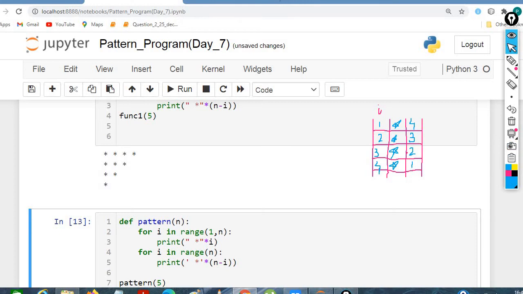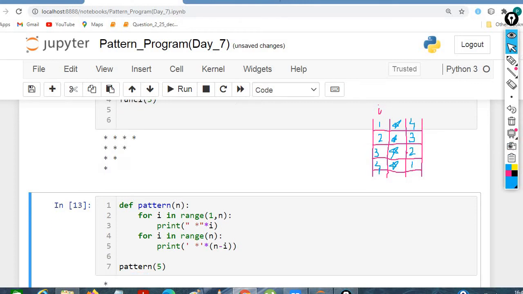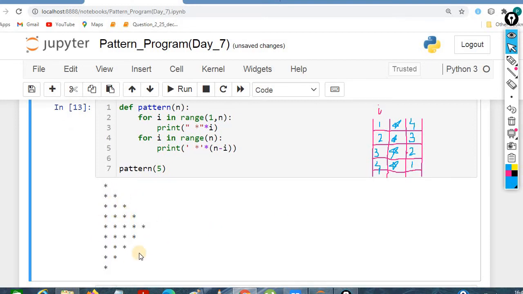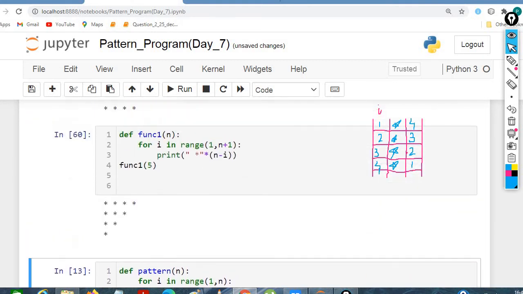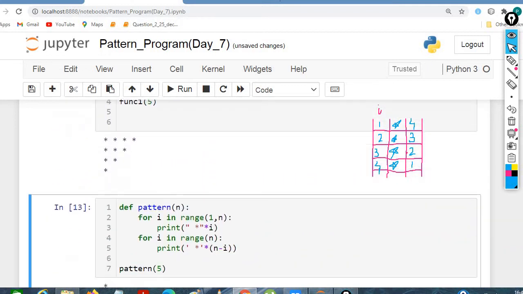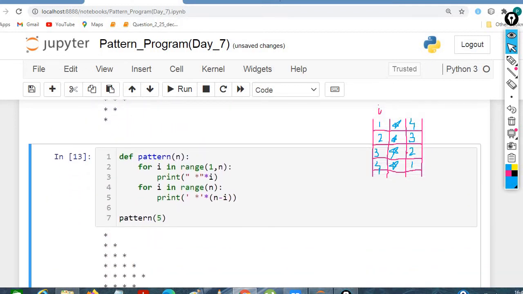Another program is the combination of the right angle triangle and the inverted triangle, this one. So I used the above two logics. Previously we did separately this logic of the triangle shape and the inverted triangle. In this I am combining both.